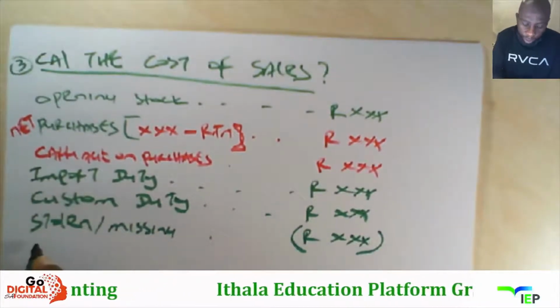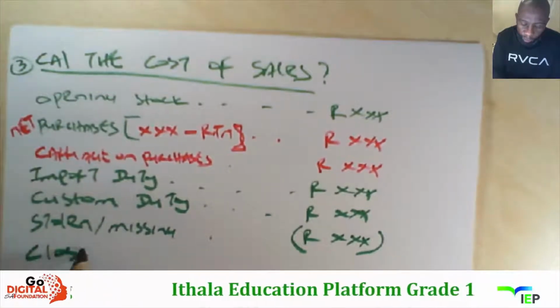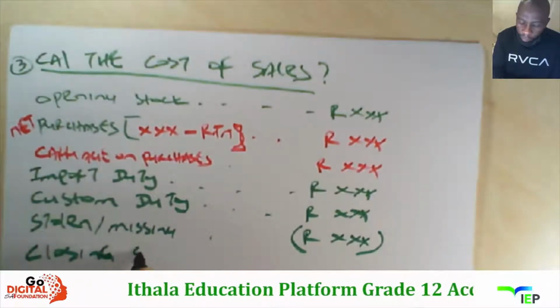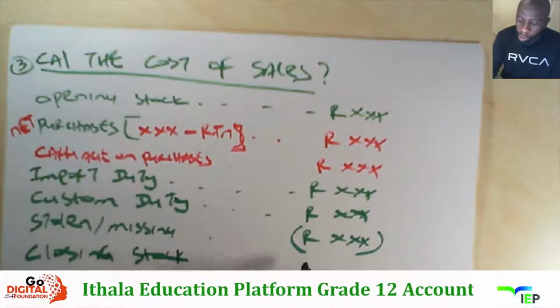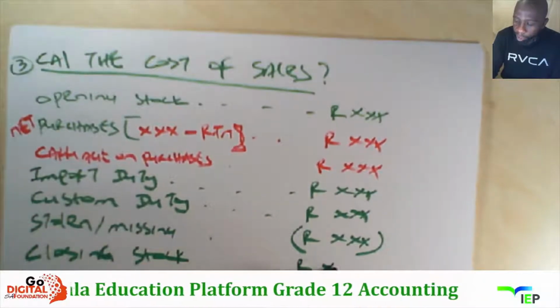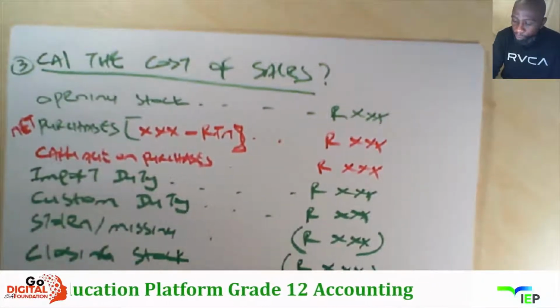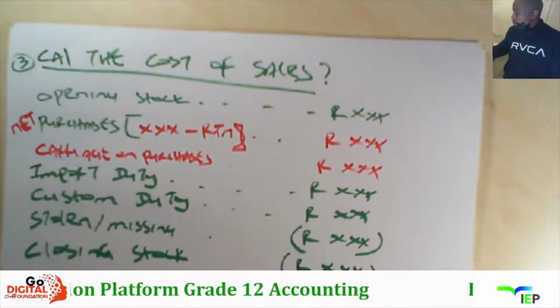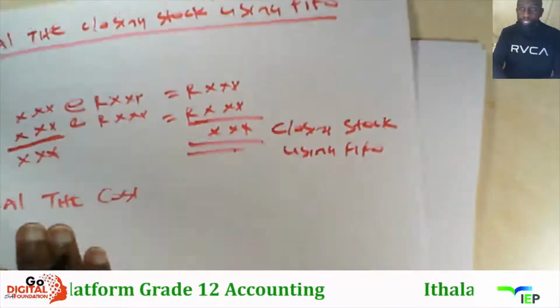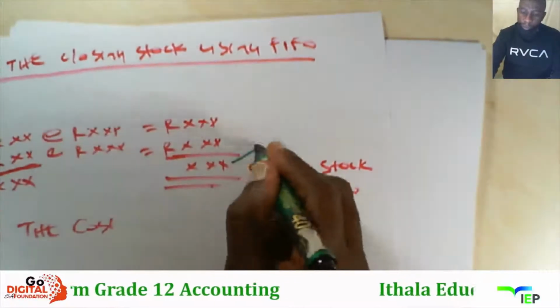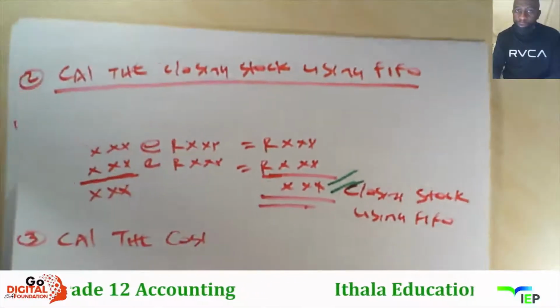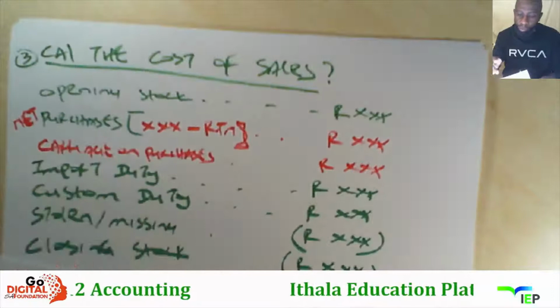And then also less closing stock. Which closing stock are we going to less? The one that you calculate from FIFO. You see, this figure that you get from here, from FIFO, is the one that you're going to less here.